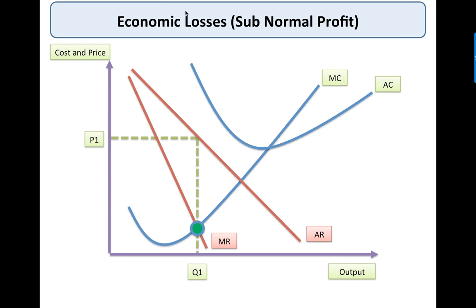Maybe their costs are higher than they would like, or maybe they've been in a recession, downturn in the market, which has caused the demand curve to shift to the left. And this is illustrated in this next diagram. Our profit maximisation point stays the same, still where MR meets MC.